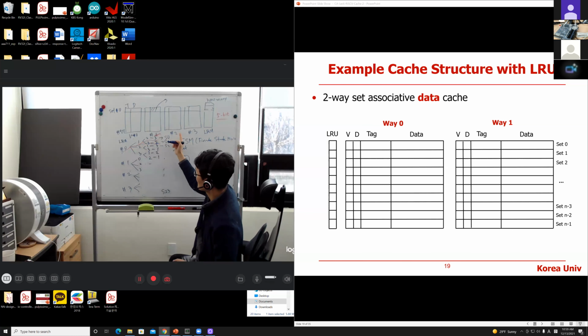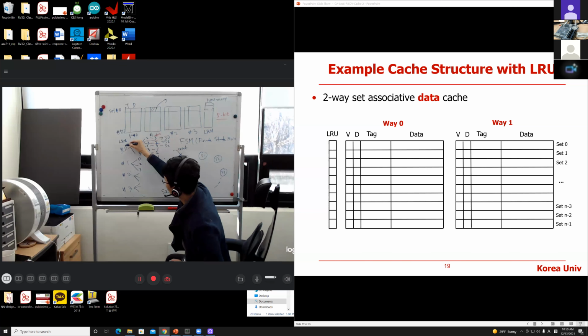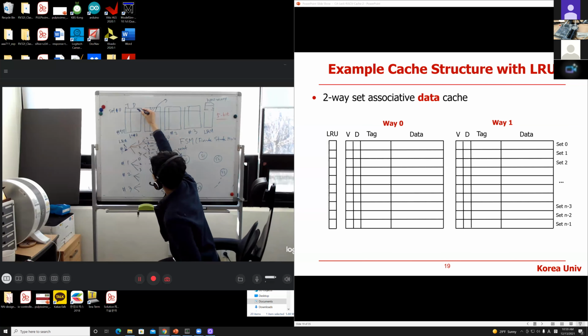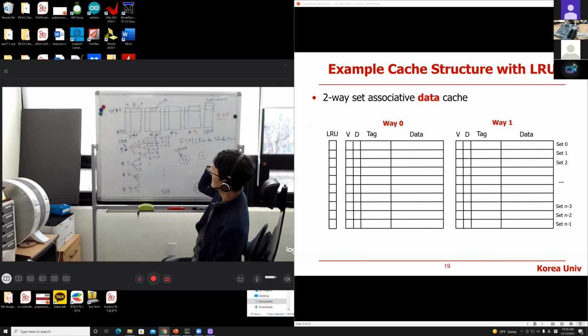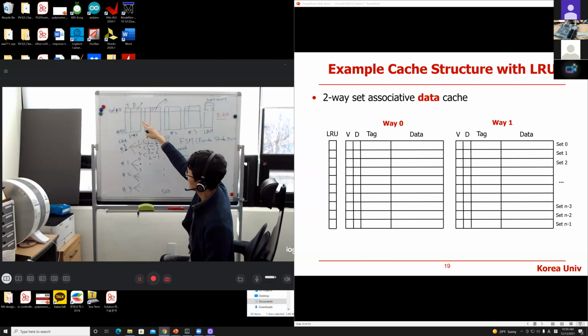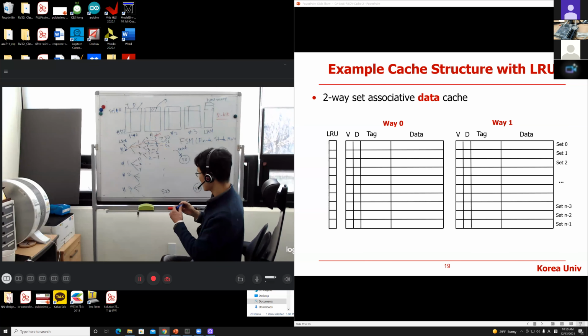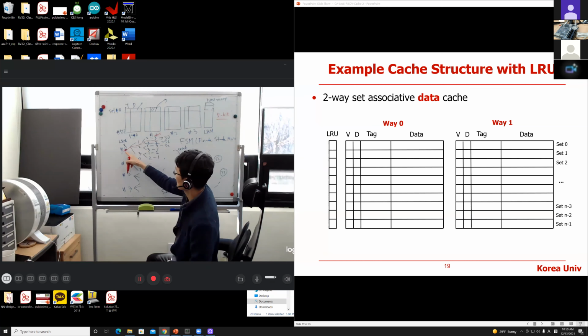Then you have a cache miss. Then you have to sacrifice this guy, way 0, and bring in the new memory block. Then the access history will be, you sacrifice this, you just touch it, so the history should be 1, 2, 3, 0, right?